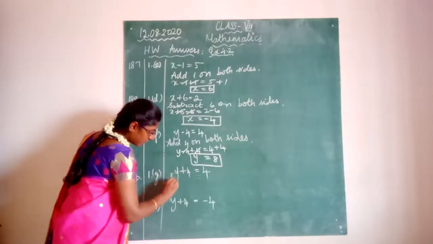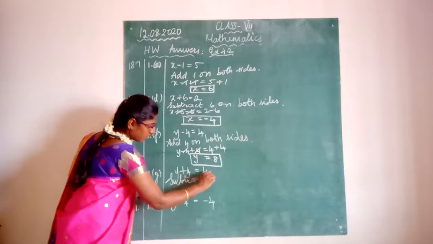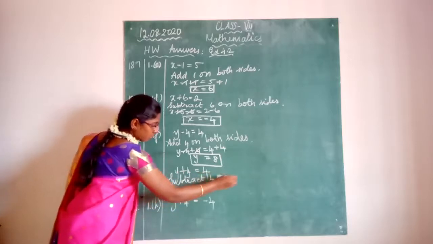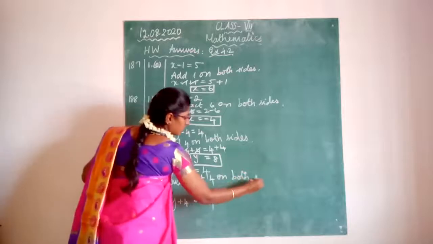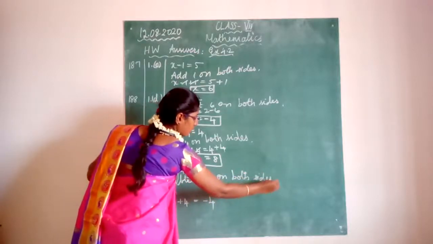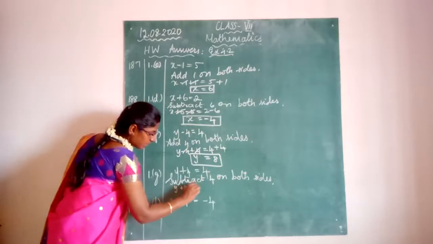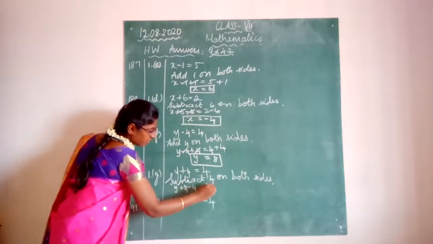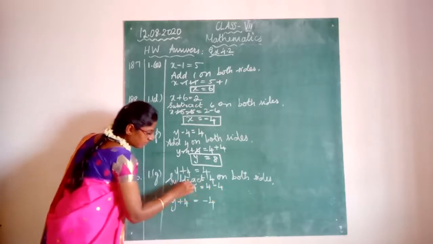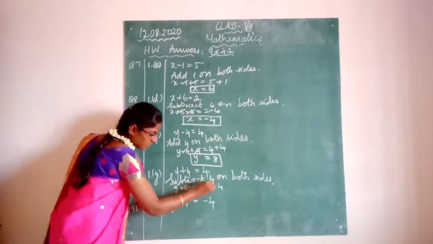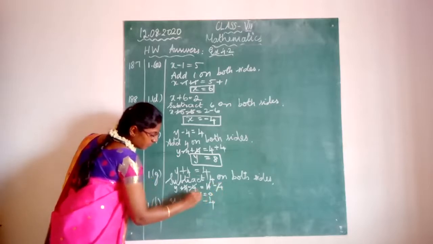So you will write subtract 4 on both sides. Okay, so you will have y plus 4 minus 4 equal to 4 minus 4. Plus 4 minus 4 get cancelled, and y is equal to 0.